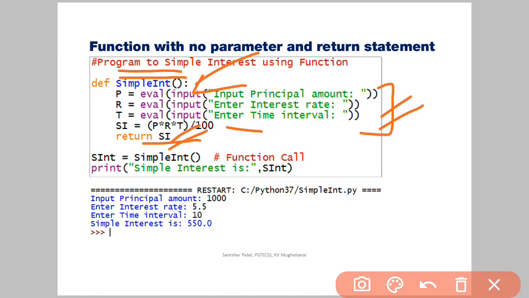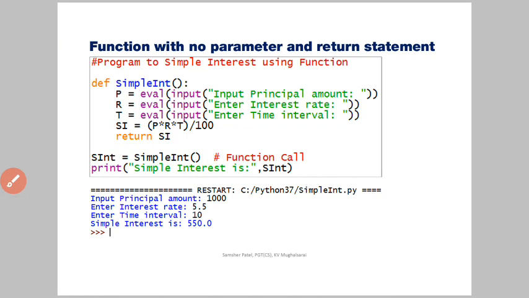Now since this function is going to return some value, we have to store this value when we are calling the function, and we are using a variable SINT to store the value of the simple interest, and after that we are using a print statement to print the value of the simple interest.